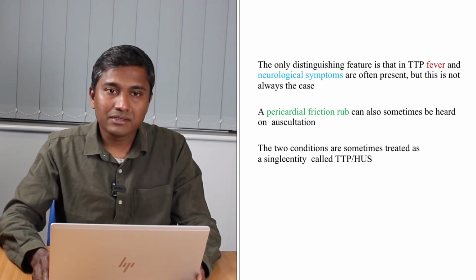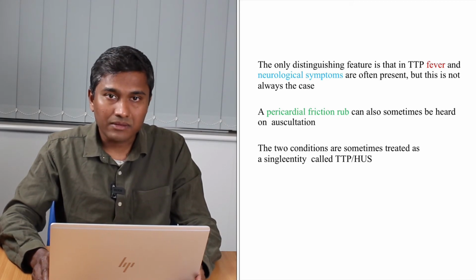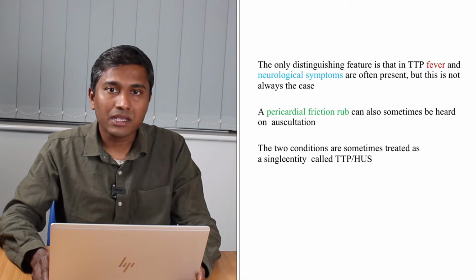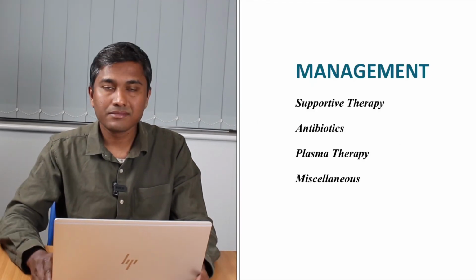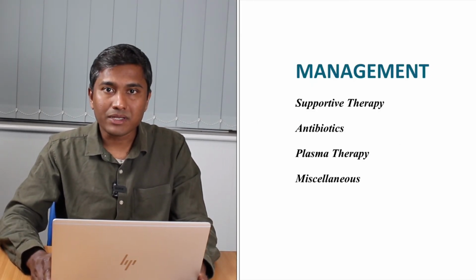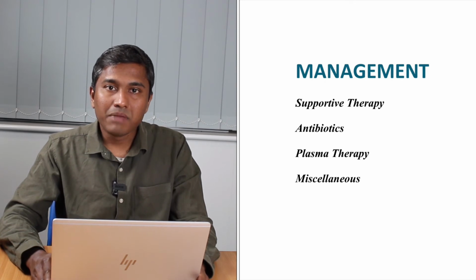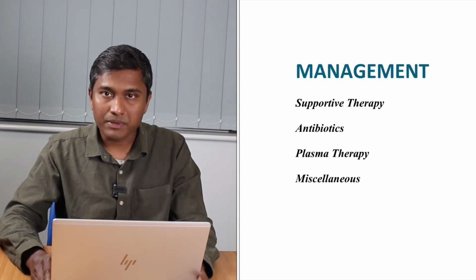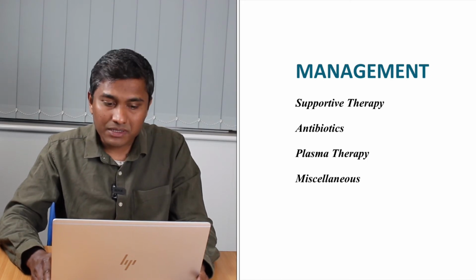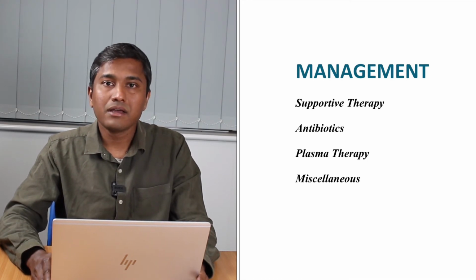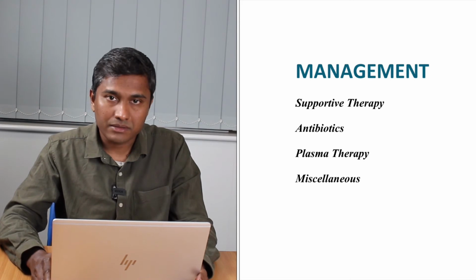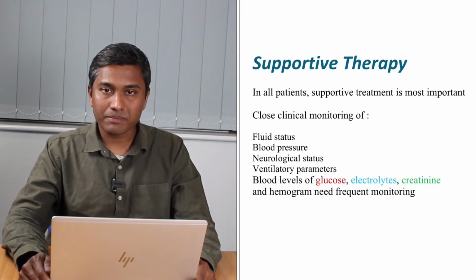In TTP, pathophysiologically, there are autoantibodies against ADAMTS13, which is not the case in HUS. Management of HUS. The mainstay of treatment is supportive therapy, antibiotics when indicated, plasma therapy, and other modalities of treatment. Supportive therapy.